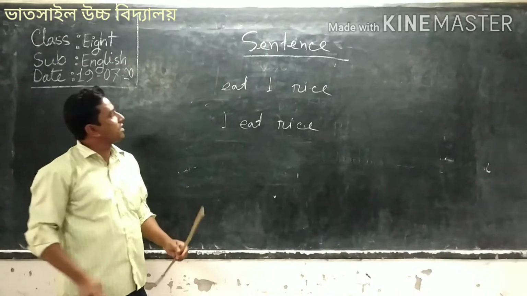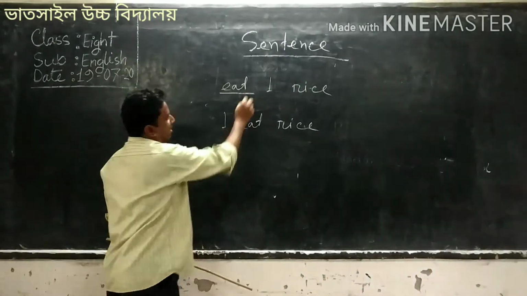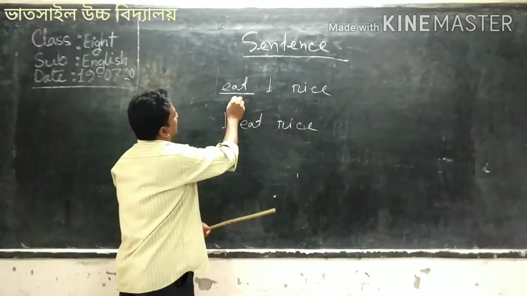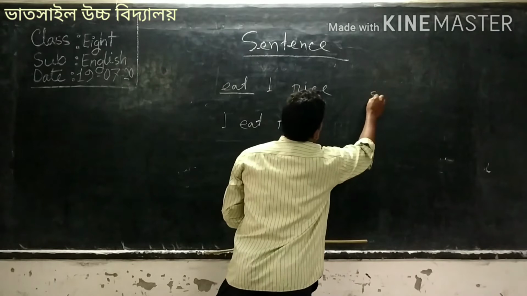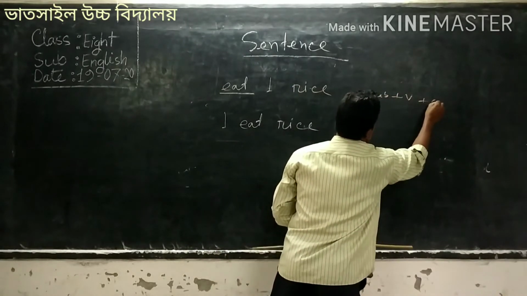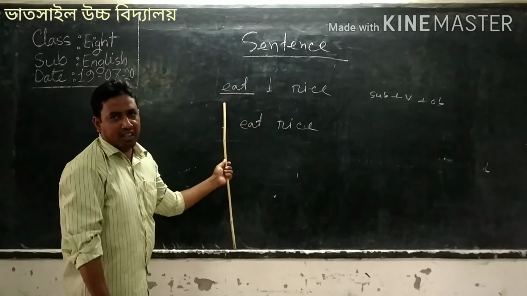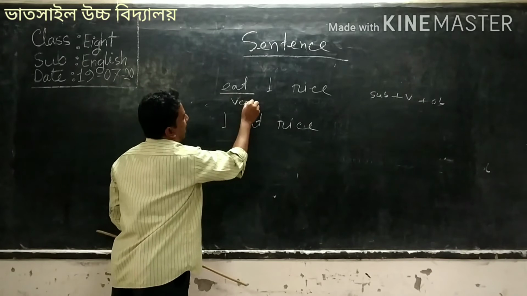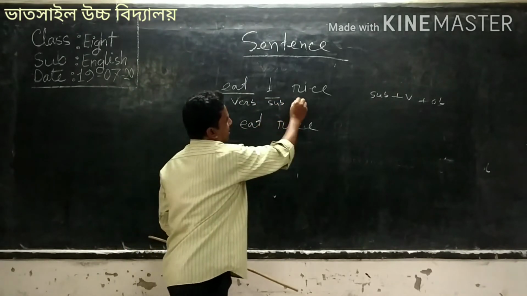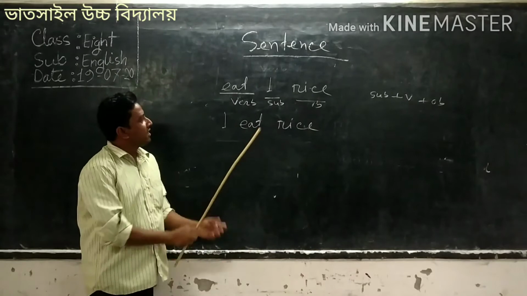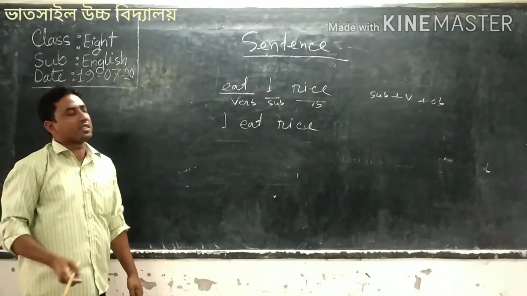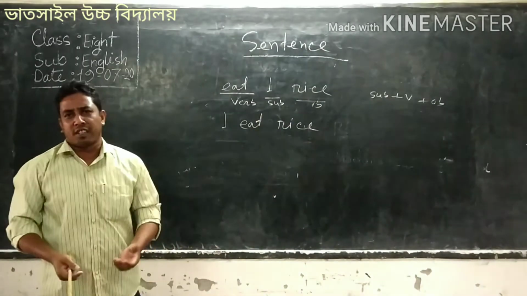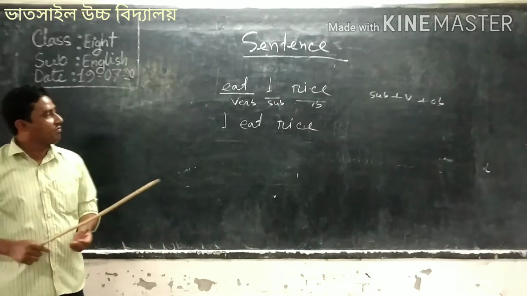No, because when we make an English sentence, at first we write subject plus verb plus object. But here we can see at first verb, subject, object. This is not a correct sentence because these three words are arranged haphazardly, not chronologically.